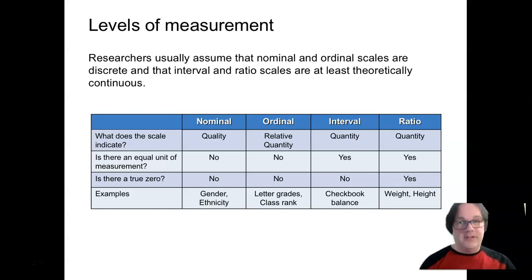No, there's really no measurement, right? What's the numerical difference between sophomore, junior, senior, and so on, or male, female, right? If we were to measure gender on a nominal scale, is there a true zero? No. And some examples again: gender, ethnicity.